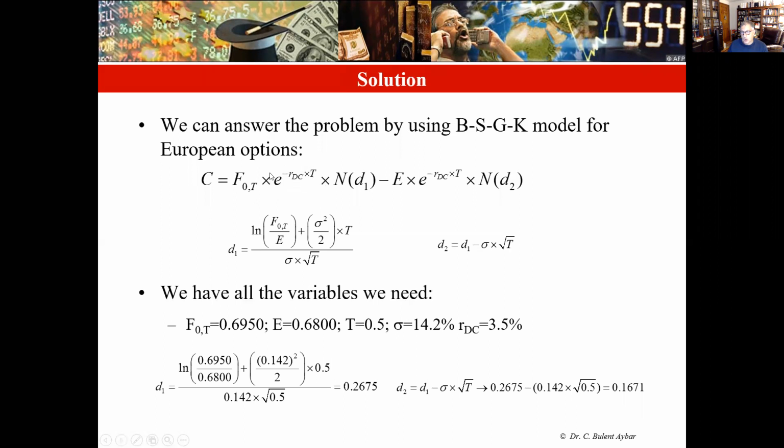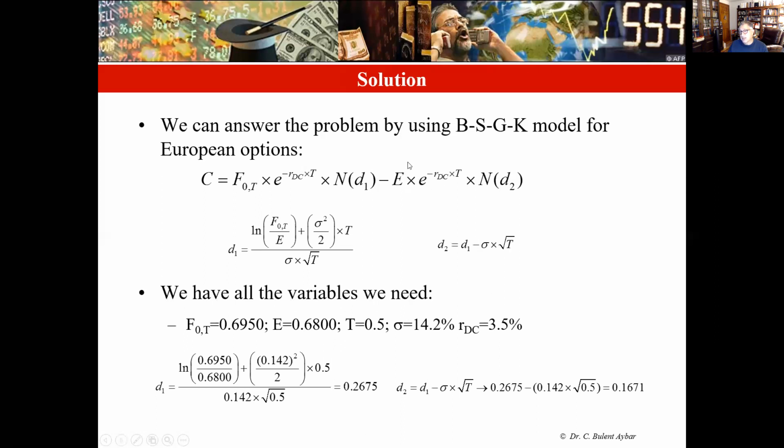This is a continuous time discount factor, which calculates the present value of the forward rate, times N of D1. This N of D1 is a highly complicated concept, but you can think of this as some sort of an adjusted probability. So it is a probability that is interjected in here, minus exercise price.